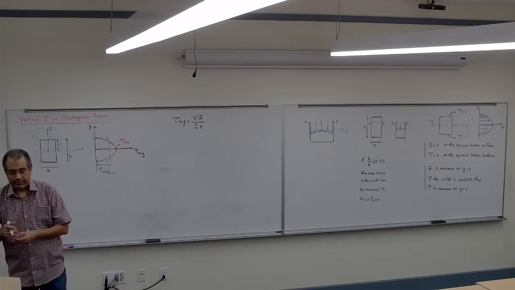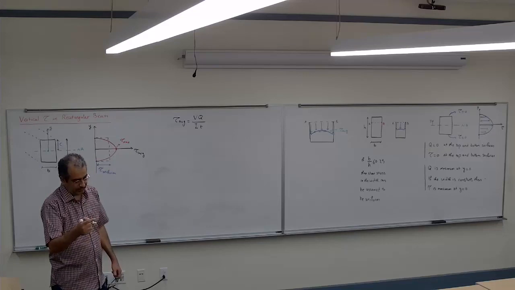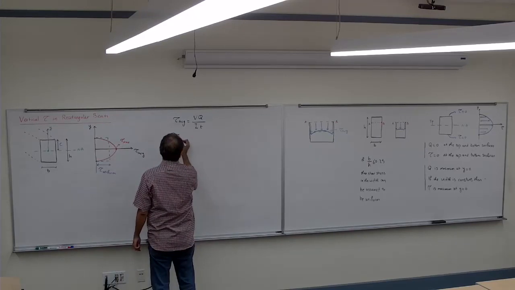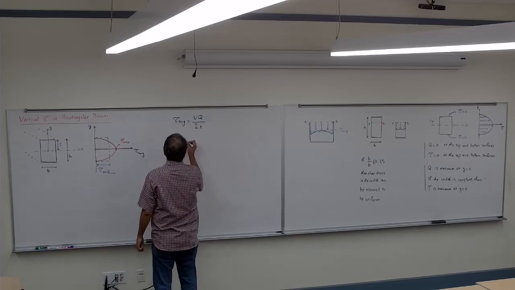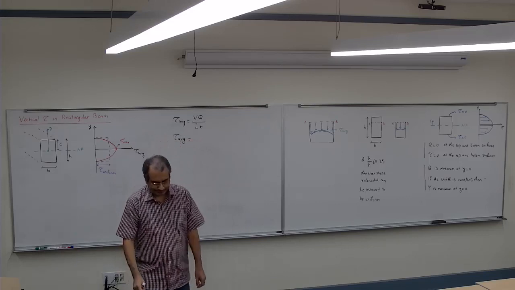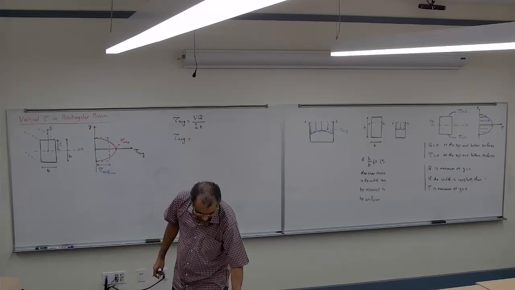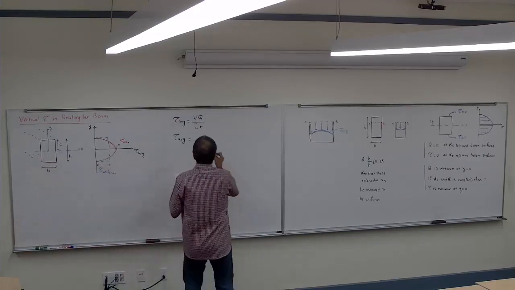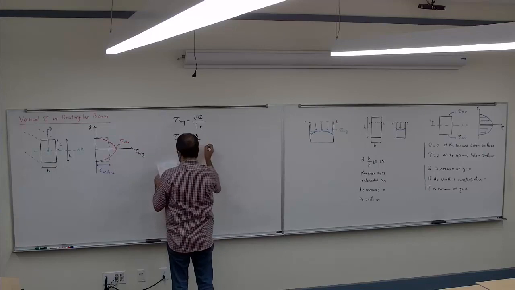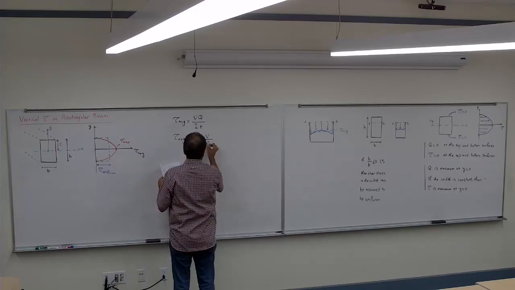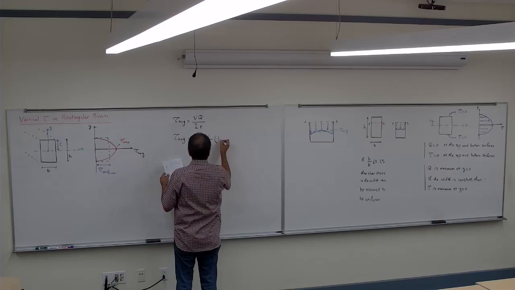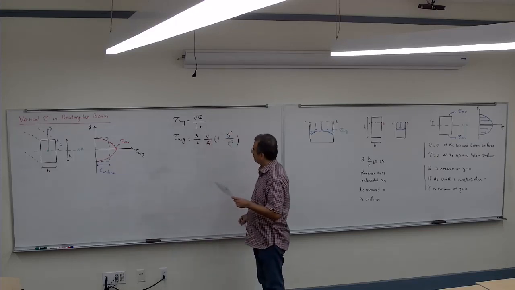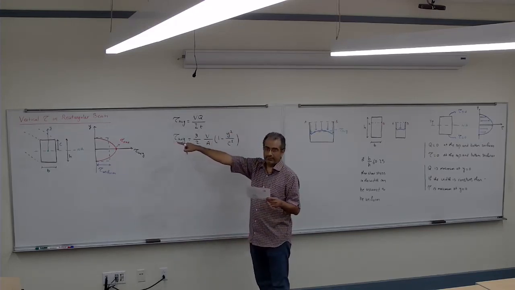Then if I calculate that based on the formula I have, tau average for the rectangular shape would become 3 over 2 V divided by A times 1 minus y squared divided by c squared. That's the formula for that curve.